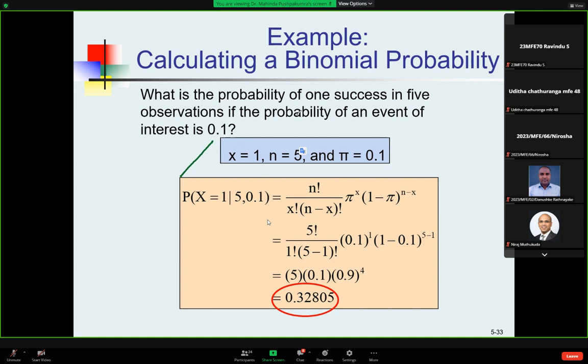What is the probability of one success in 5 observations if the probability of an event of interest is 0.1? Now let's say, as an example, you visited a GN office.